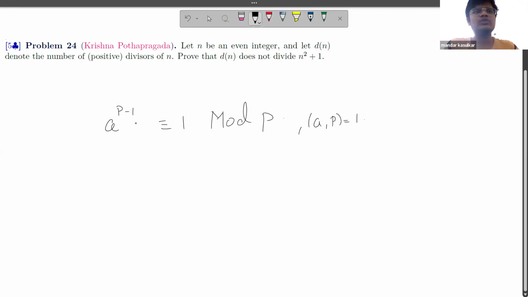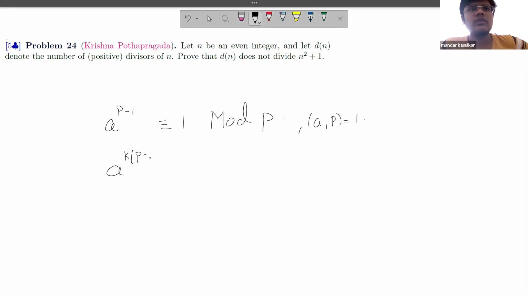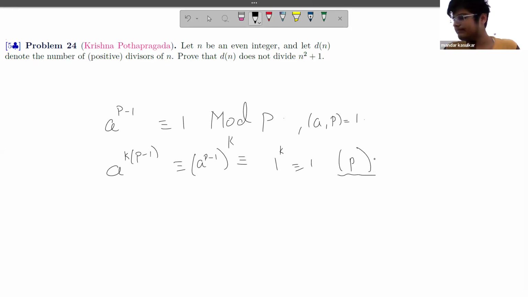So a direct consequence of this fact is that whenever you raise this to any multiple of p minus 1, you will again get 1 only. By this, I simply mean mod p.